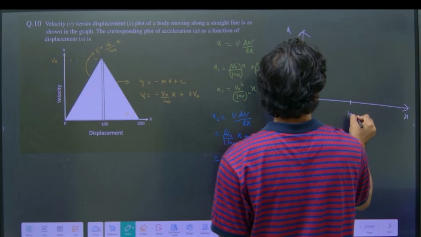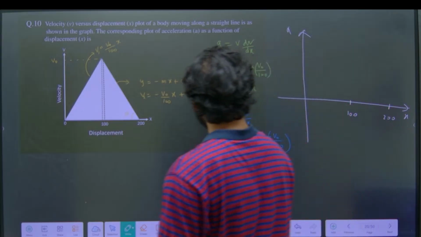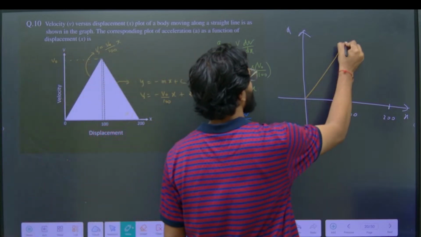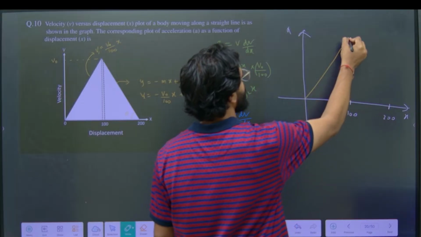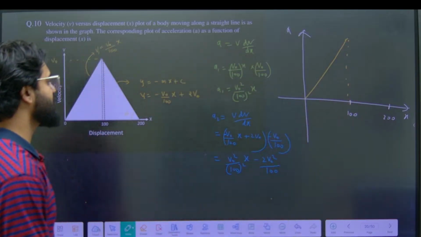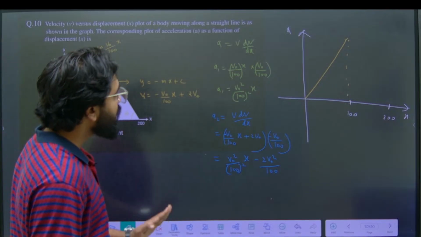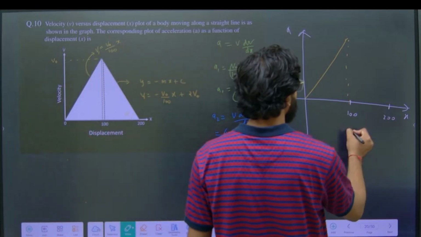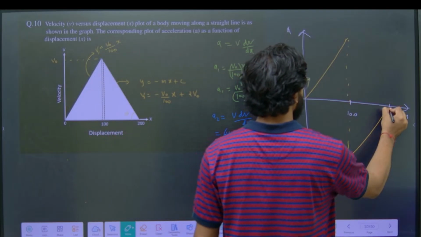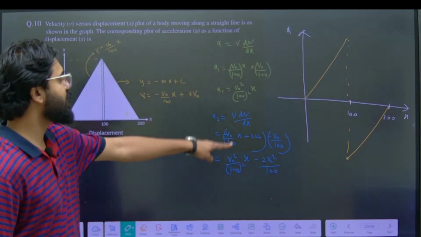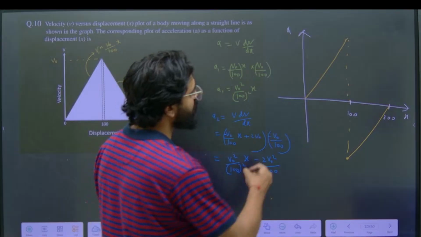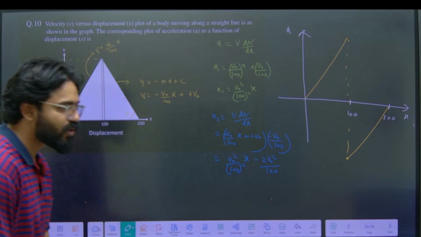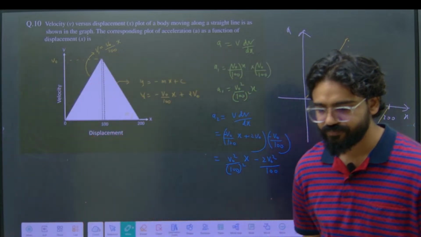If this is 100, if this is 200, so A1 will be with positive slope, correct, right? And this A2 is having a positive slope but negative intercept. You can see both slopes are same, so they will be parallel to each other. So this will be the A versus X curve. Okay, very good question. I like it.